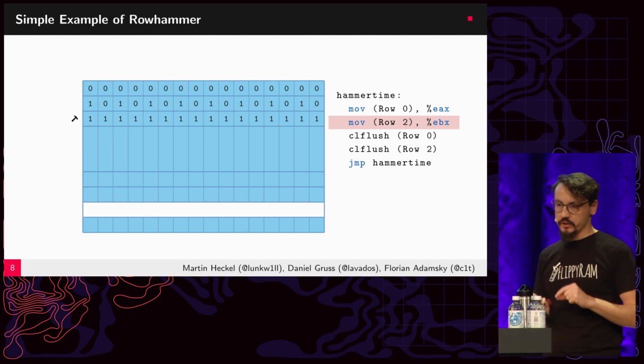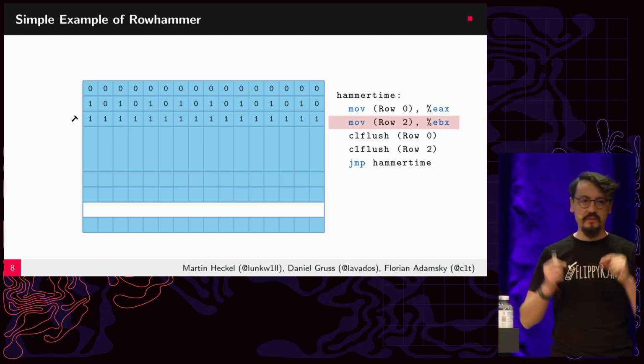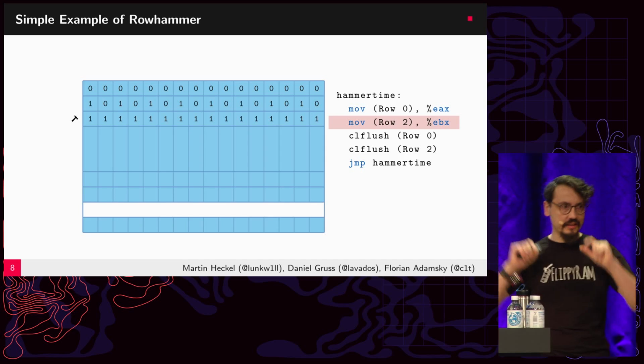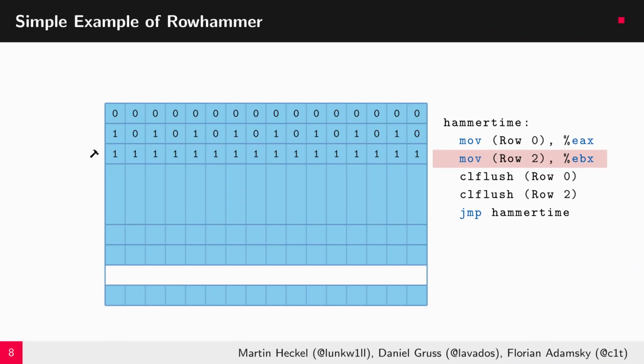And the second instruction, since we are sharing a single row buffer, we need to write that data back, and then we are moving to the next line. So we are reading again, and we need to put that data again to the row buffer, and we are reading that. And then we need to flush any cache that maybe has cached our data, because we would like to do that step over and over again and not read any data from the cache. So if we do that multiple times, there might be a chance that we are lucky and we can touch the line in between.